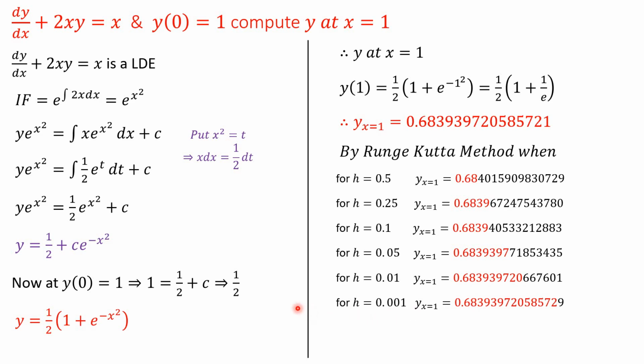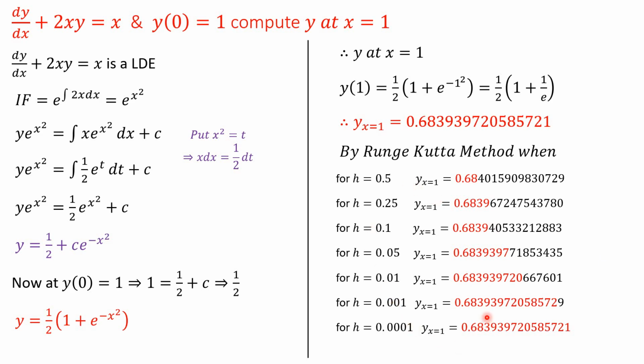If you take h is equal to 0.001, the answer is correct up to maybe 15 decimal places, 15 or 14. You can see you got exactly the same as this answer by the analytic method. Now when we take h is equal to 0.0001, we got exactly this answer. So it depends on how much accuracy you want. According to that, you have to reduce the value of h.